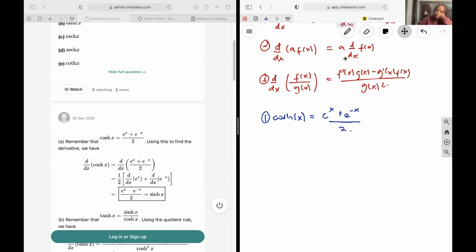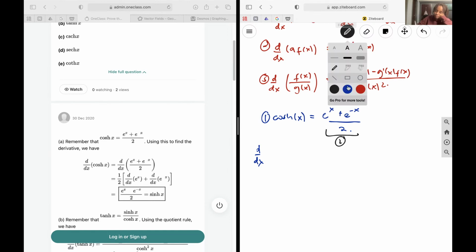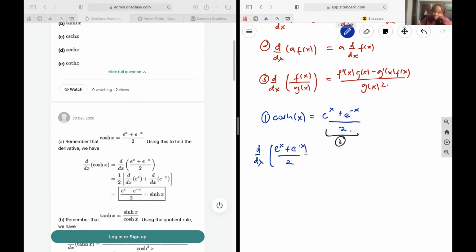And so to deal with this, we will first use rule 2 to pull out that 1 over 2. So we will get d over dx of e to the x plus e to the minus x over 2 is equal to 1 over 2 d over dx of e to the x plus e to the minus x.